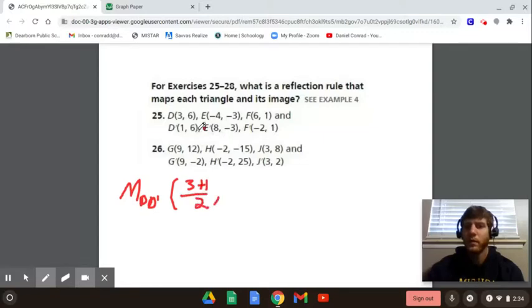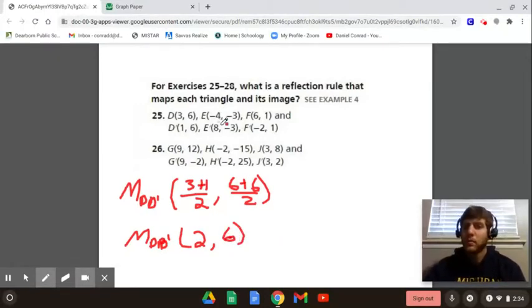And for the y, 6 plus 6 divided by 2. So the midpoint of D and D prime is going to be 4 divided by 2 is 2, and 12 divided by 2 is 6. So the midpoint there is 2, 6.